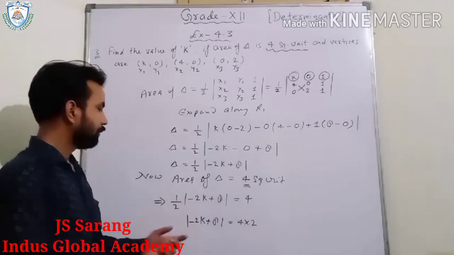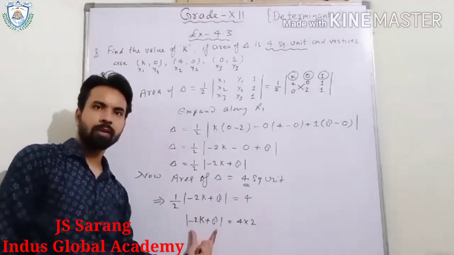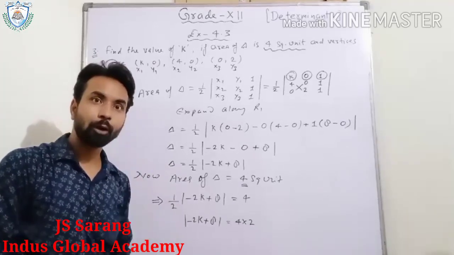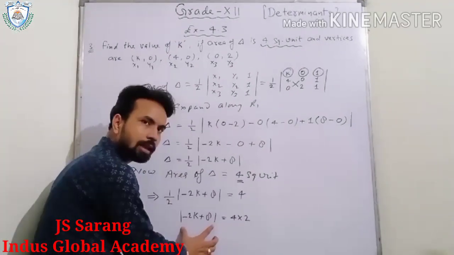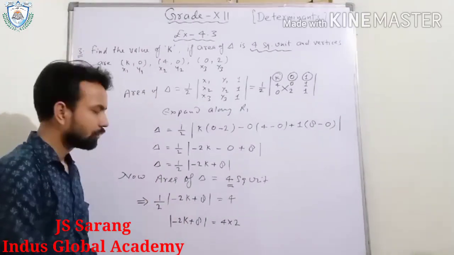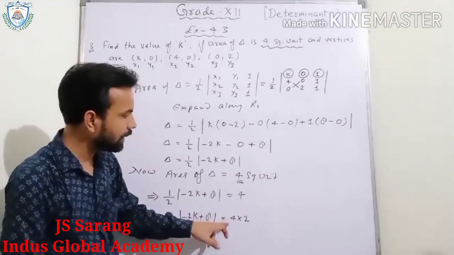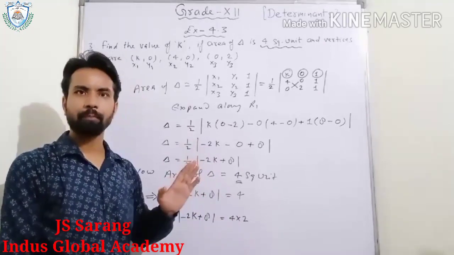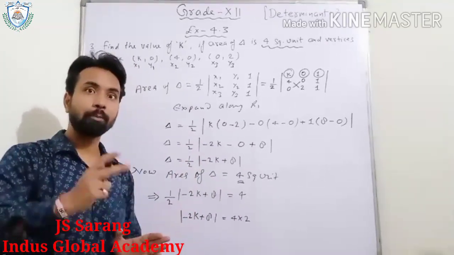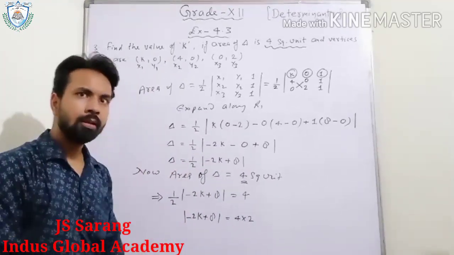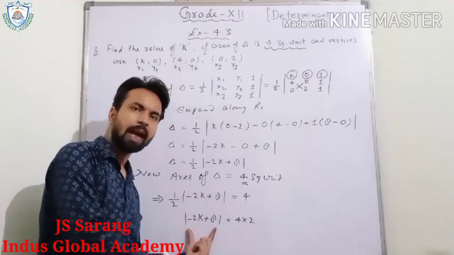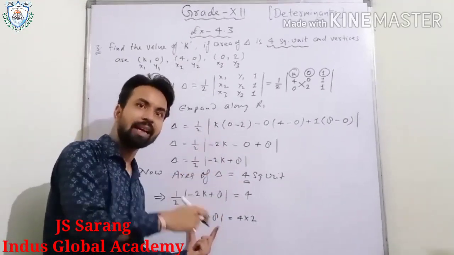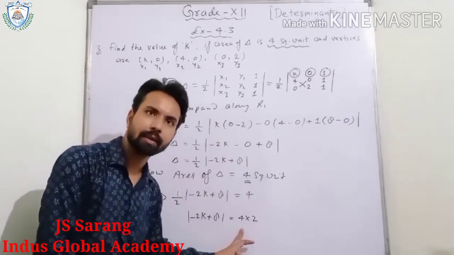Now see, we will remove this modulus. Another point which you have to keep in your mind: whenever we remove the modulus sign from the LHS, then we have to put plus minus sign on the right hand side. Understood? Whenever we remove the sign of modulus from the left hand side, we have to put the sign of plus and minus both on the right hand side.